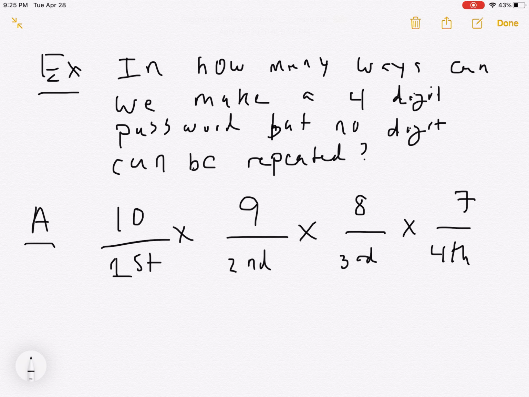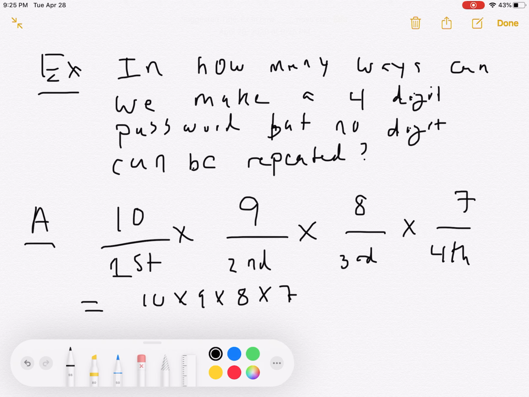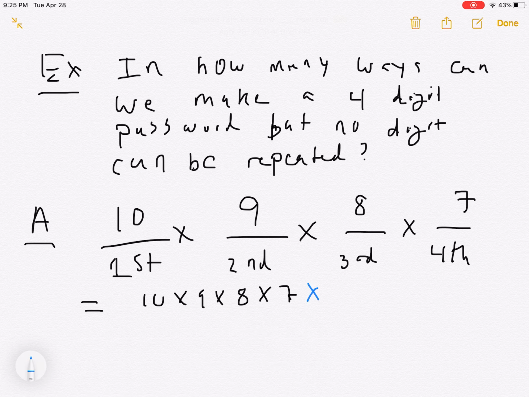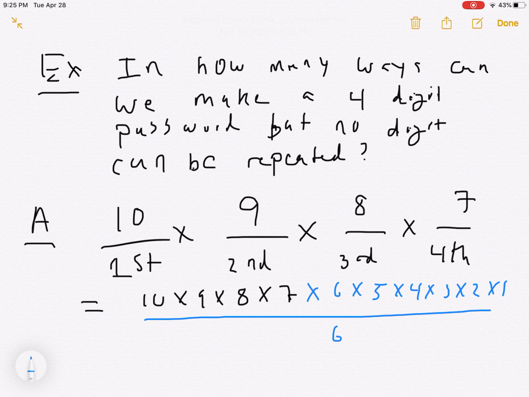I'd like to do something here. In fact, I'd like to write this as 10 times 9 times 8 times 7, but now I'm going to just write the rest of this down, times 6 times 5 times 4 times 3 times 2 times 1. And I'm going to divide by 6 times 5 times 4 times 3 times 2 times 1.